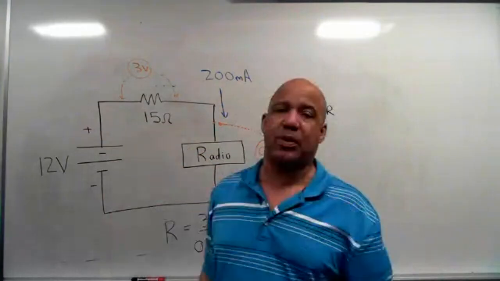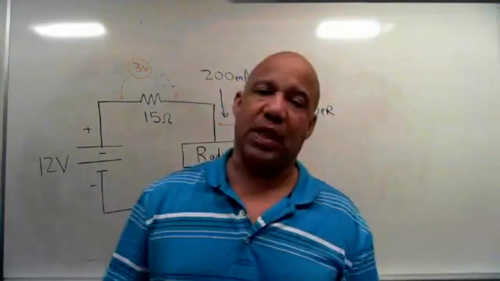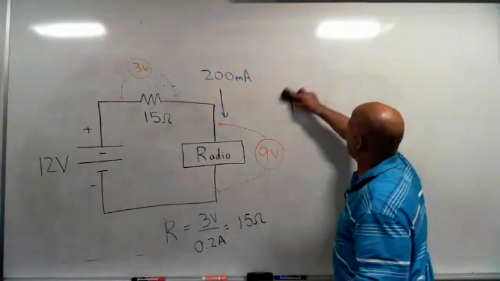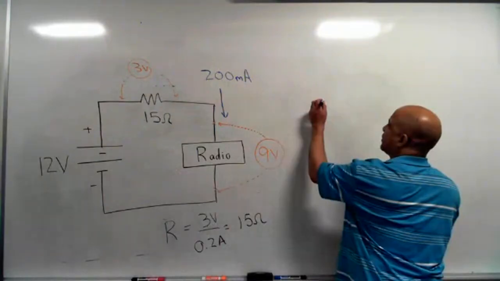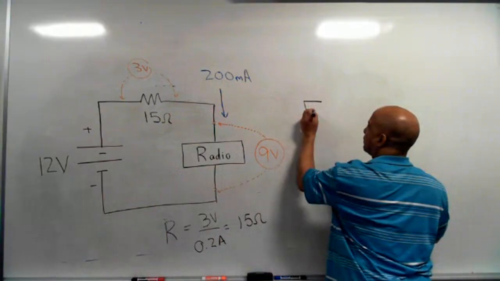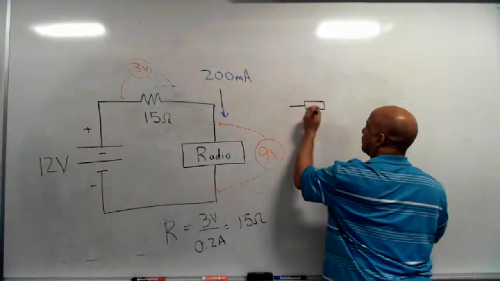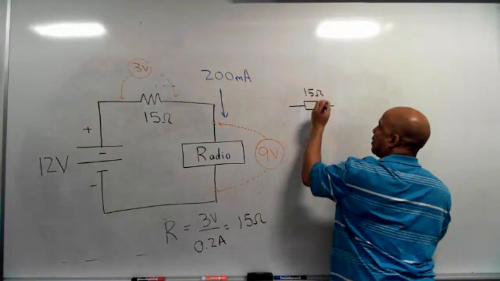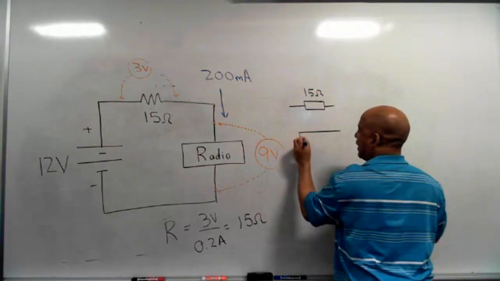But let me show you something about resistors that you would have learned tonight, but since we didn't meet, you didn't get a chance to learn it tonight. When you have a resistor, I can have a 15 ohm resistor like this.